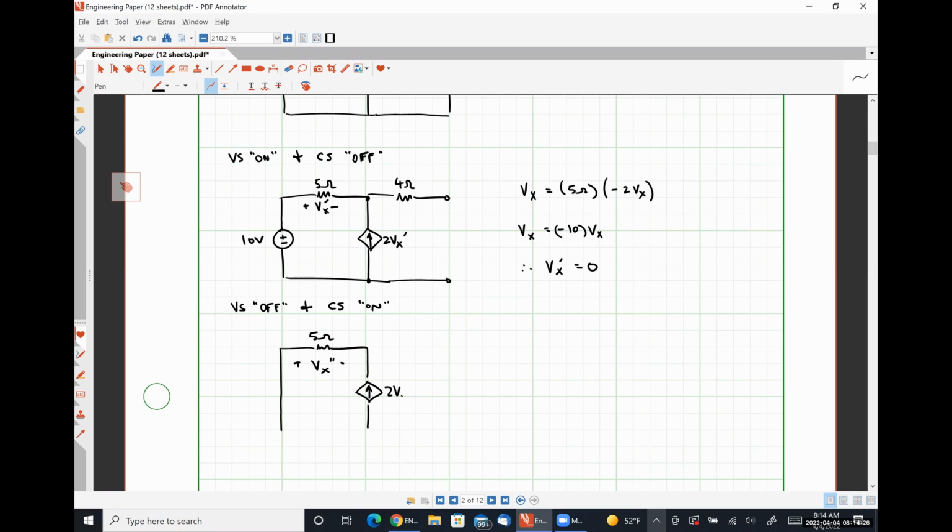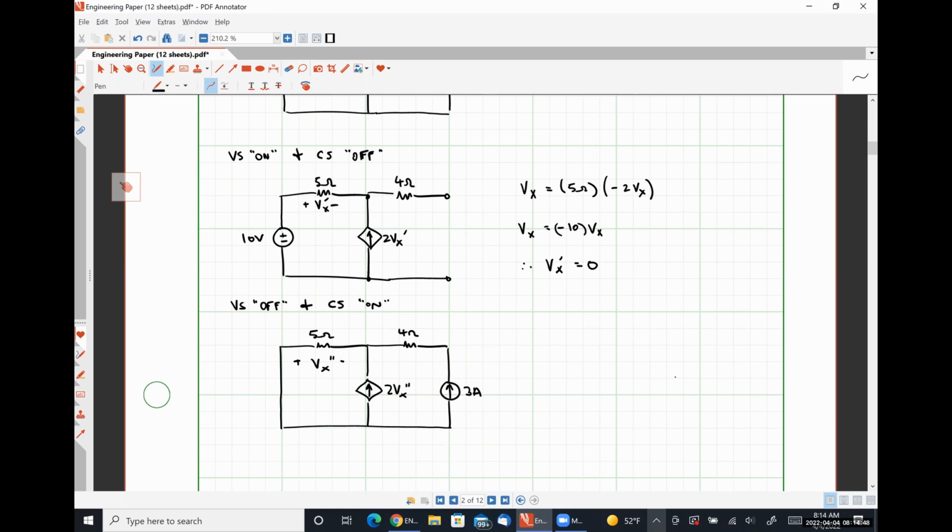Here's our current of 2Vx double prime, our 4 ohm resistor, and our 3 amp source, if I'm not mistaken.